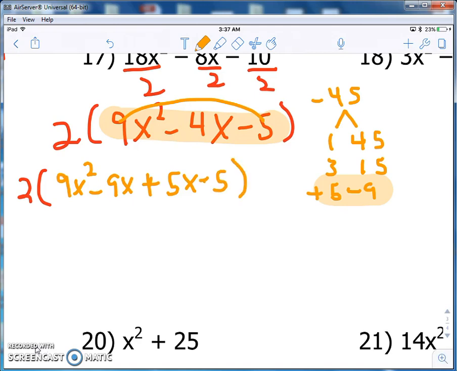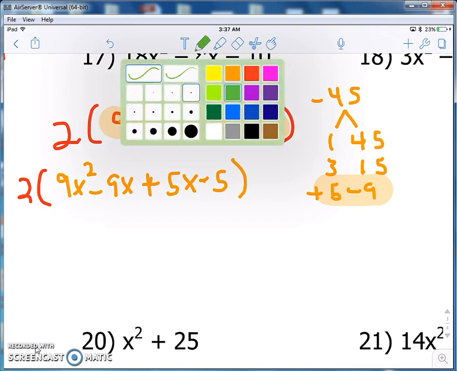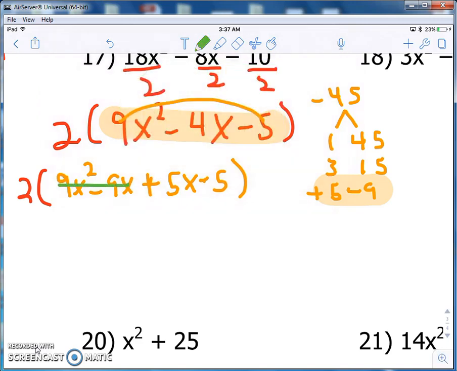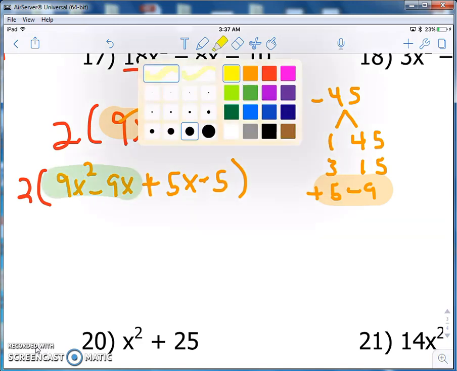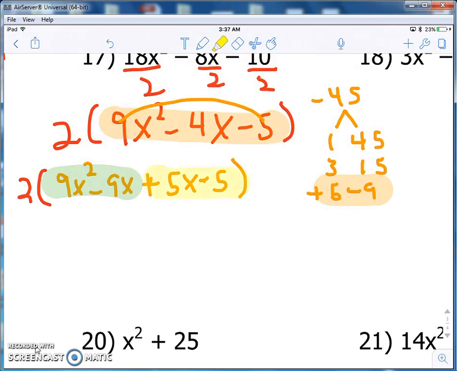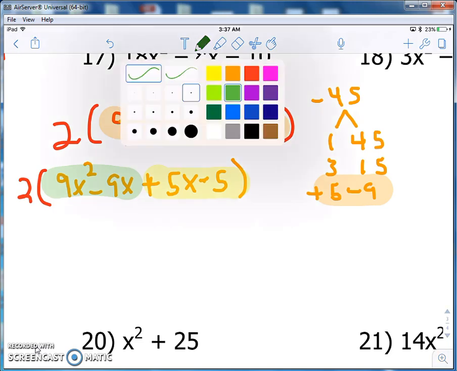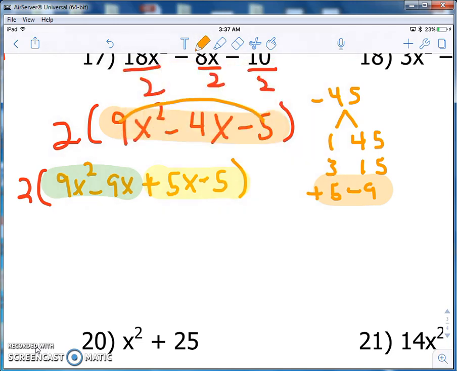And it gets a little funky with the parentheses here, but we have a group of 2 in front, we have a group of 2 behind, and we're going to take out the common factors. So in that first group of 2, I'm going to take out a 9x, so I get x minus 1.